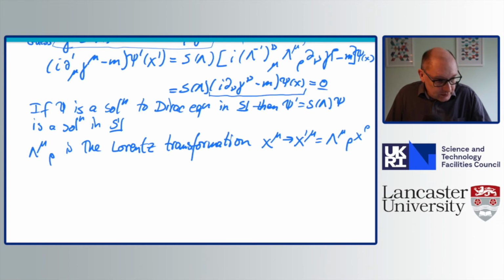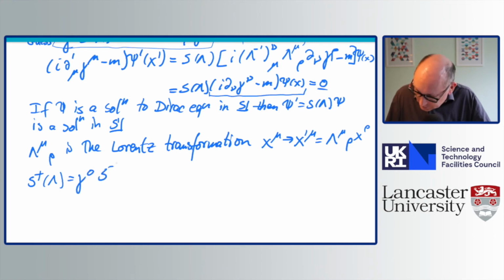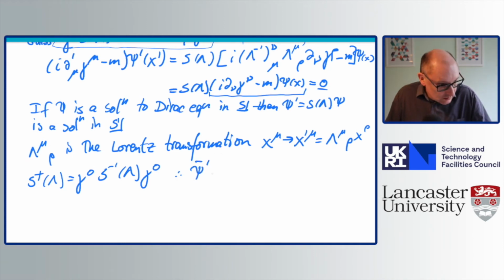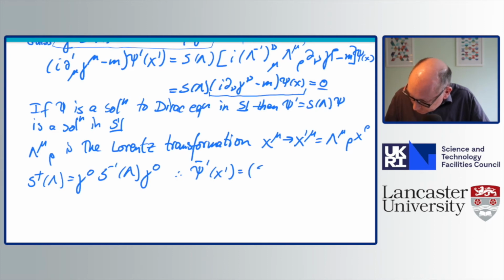So by direct observation, one sees that if S Hermitian conjugated on lambda is equal to gamma naught inverse of lambda gamma naught, then we also have that psi prime of x prime, which is of course S of lambda acting on psi of x.